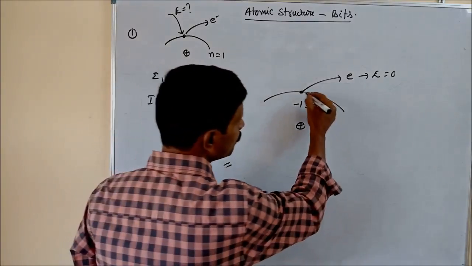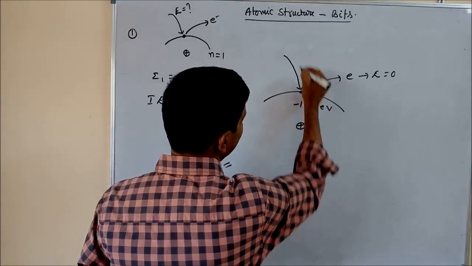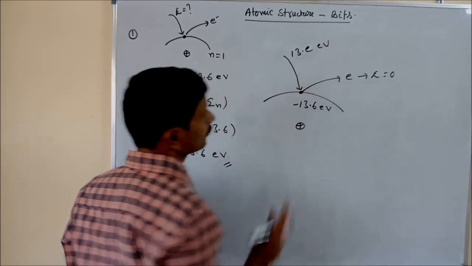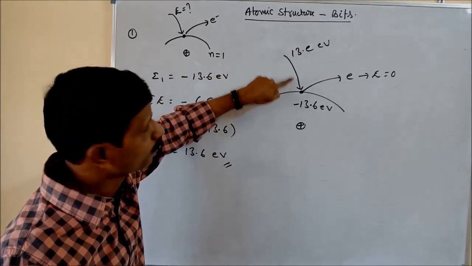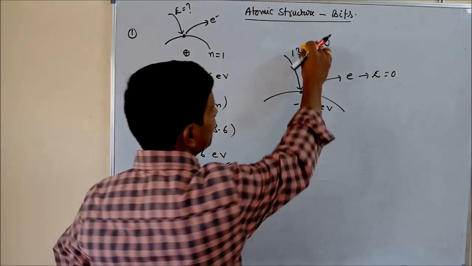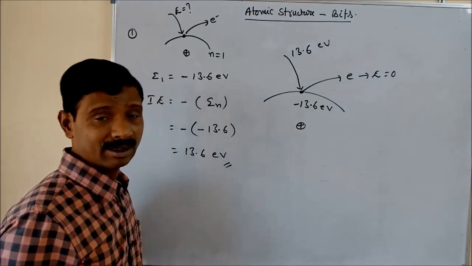To make it 0, we provide energy equivalent to the energy of that electron. The energy we are providing is 13.6, and the existing energy is minus 13.6.